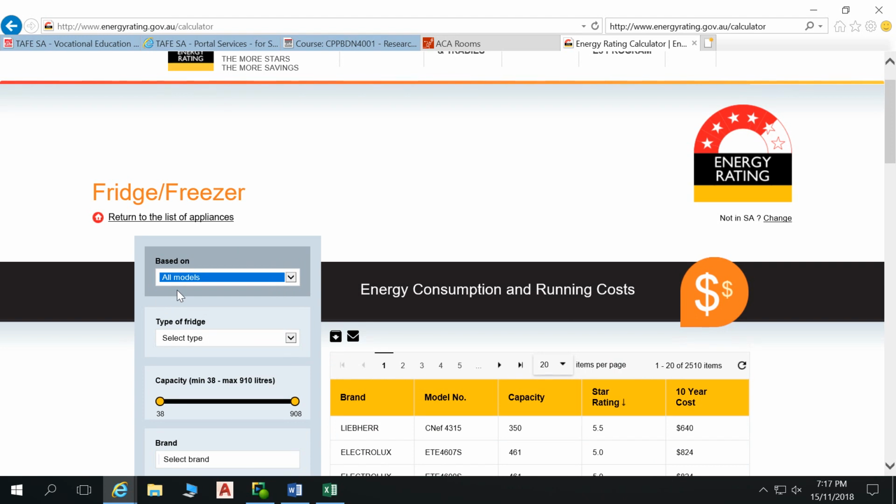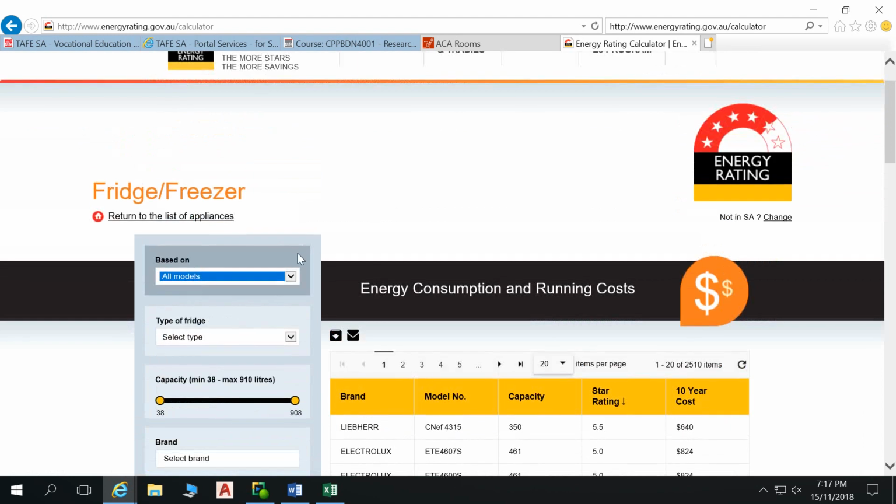If we choose, oh look, I want to buy an LG, and I don't care about Westinghouse or Fisher & Paykel or Kelvinator or whatever, then we're not really making that comparison, and we might be missing out on a really good refrigerator. So let's get all models up here.